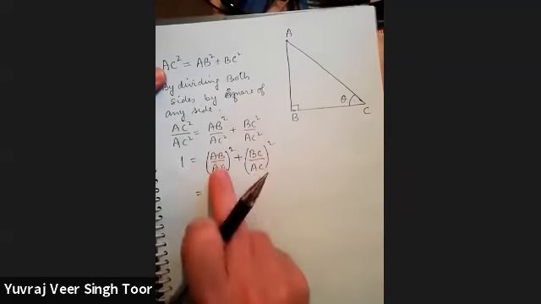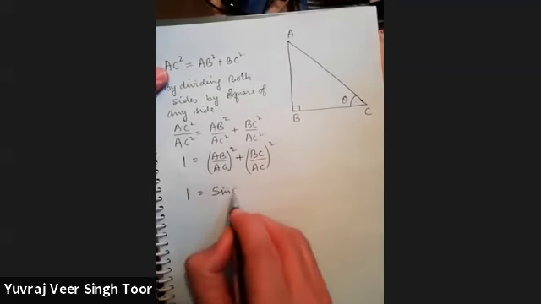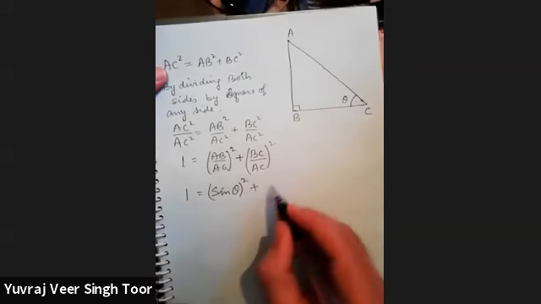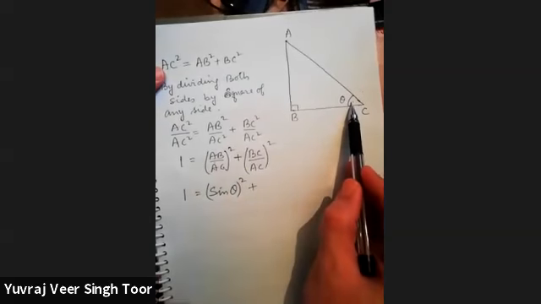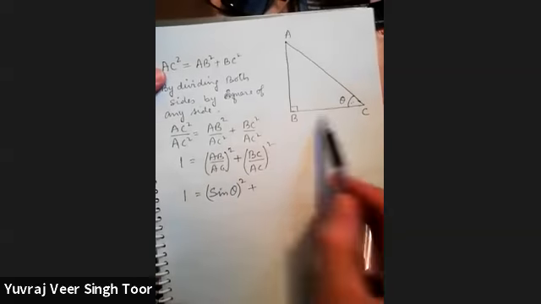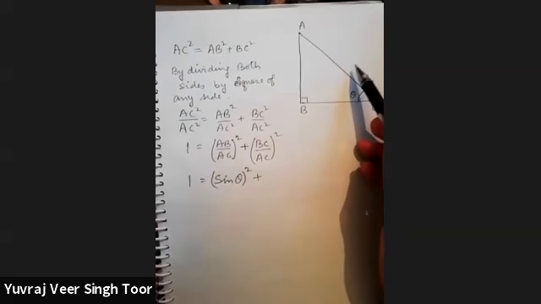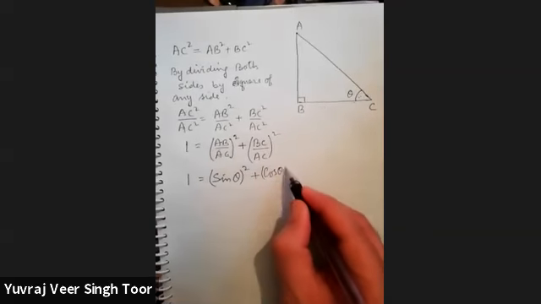Perpendicular upon hypotenuse is the ratio which is called the sine of the angle. Next, BC by AC. What is BC according to this theta? It's base. Base upon hypotenuse. So what is base upon hypotenuse? That is cos of theta.